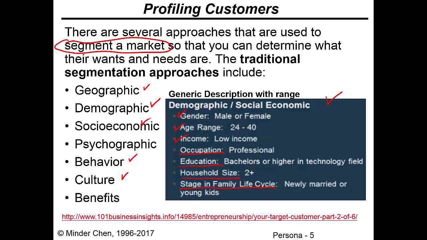In this case, the product and service that we try to offer are targeting both gender, people age 20 to 40, low income, they're professional, they got bachelor degree or higher in the tech field. The household size is 2 or more. Their stage in family life cycle is newlywed and or have just young kids. So this will be example of a customer profile.